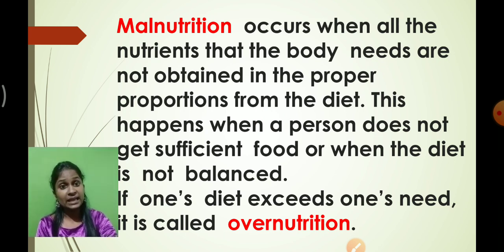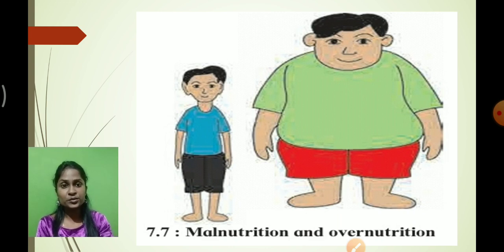And if a person eats extra food rather than required, then that condition is called what? Overnutrition. Understood? So what is malnutrition, what is overnutrition? You can see this from the diagram. This person did not get proper food, that's why you can see the condition of this person.